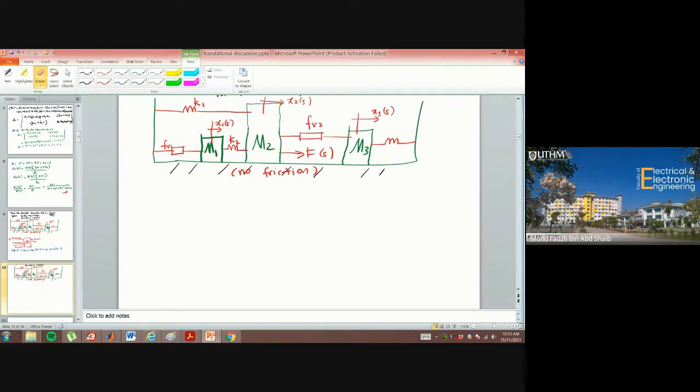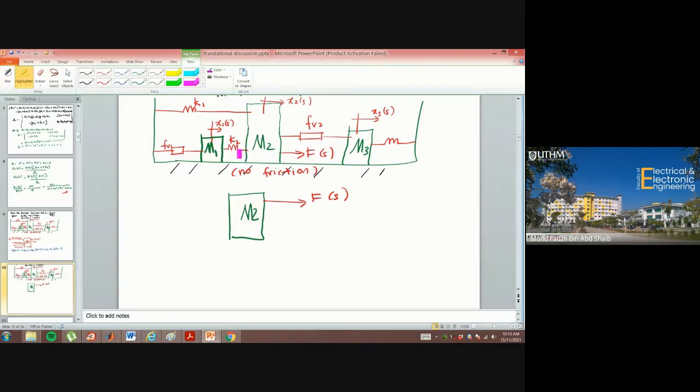We draw M2 here. What forces do we have? First we have Fs, right? Then, okay, now take a look.